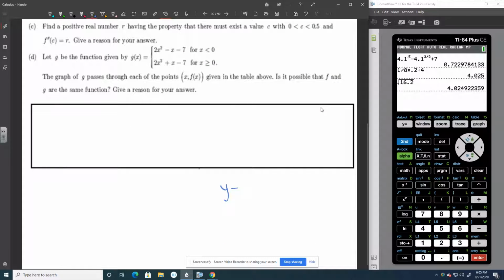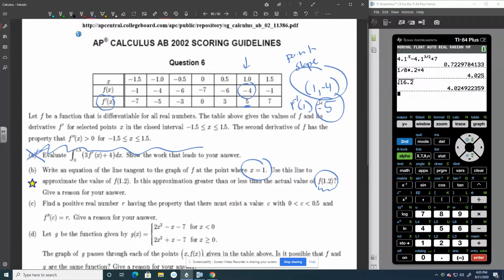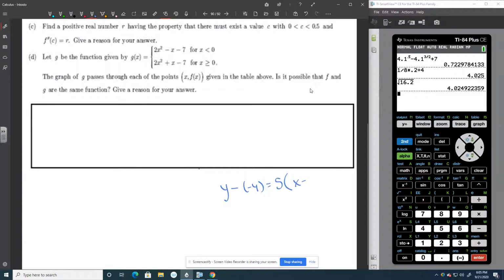So y minus negative 4 equals the slope, which was 5, times x minus x1, which was 1. So y plus 4 equals 5 times x minus 1. And when I subtract 4 from both sides, my tangent line is y equals 5 times x minus 1 minus 4. Okay, so here's my tangent line.